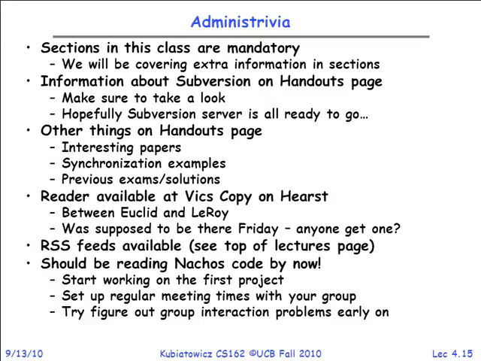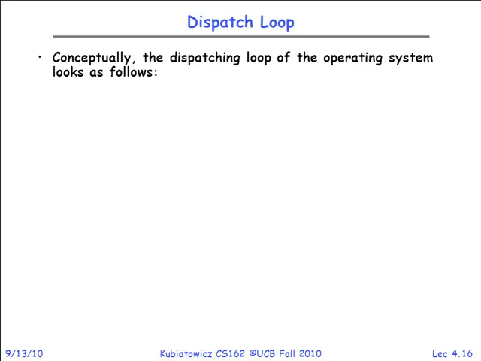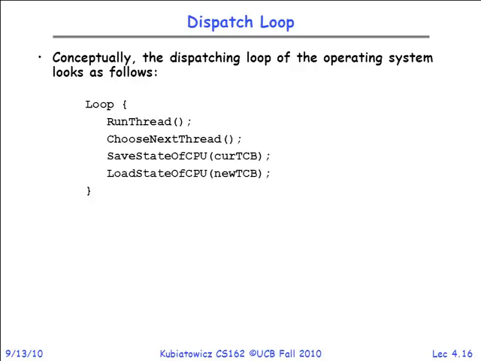Okay, let's talk about the dispatch loop. So here you go. I'm going to tell you everything that's in an operating system. Are you ready? Loop. Run thread, choose next thread, save state of CPU, load state of CPU. Loop forever. Okay, the class is now done.